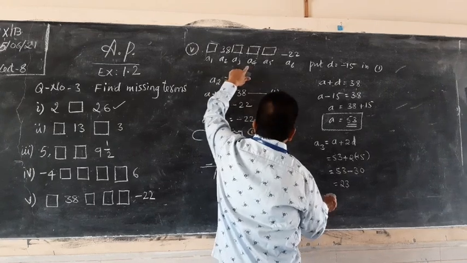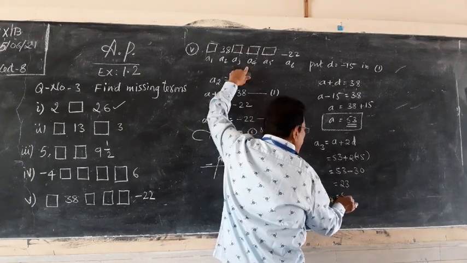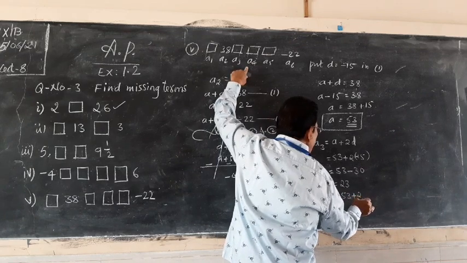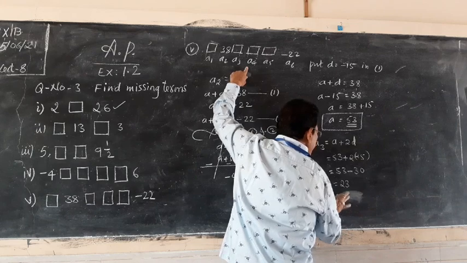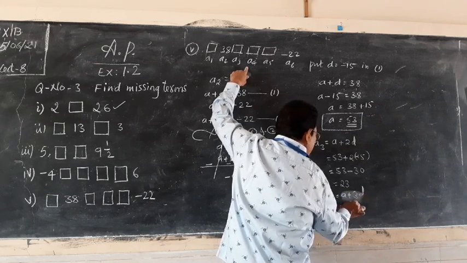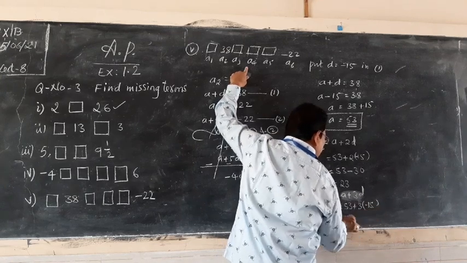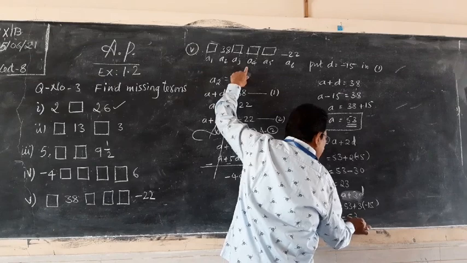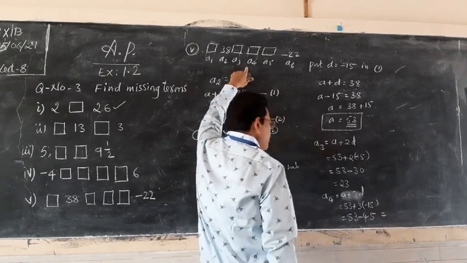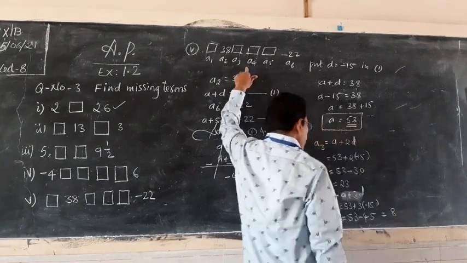Then A4 is a plus 3d, 53 plus 3 into minus 15, 53 minus 45, that equals 8.